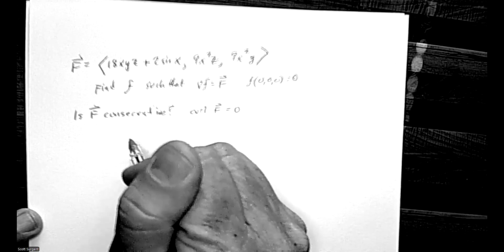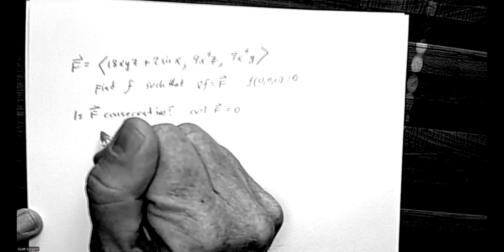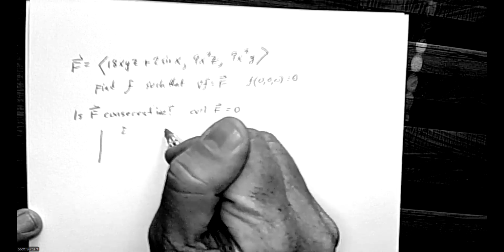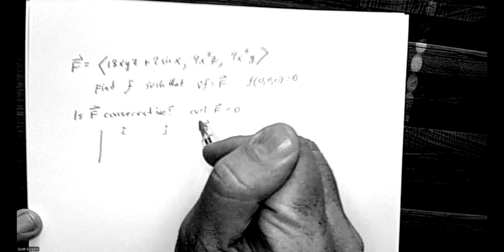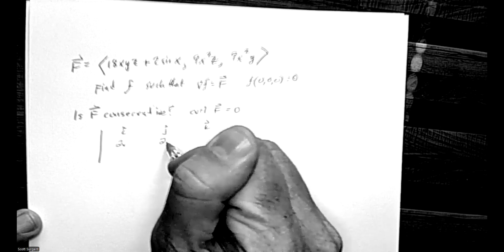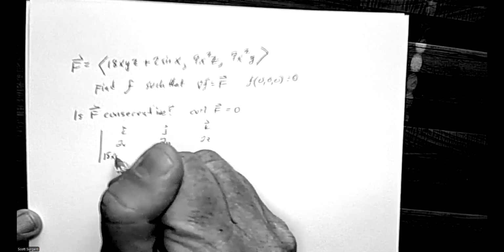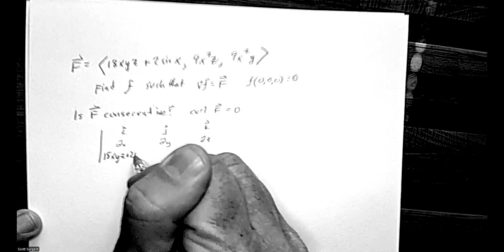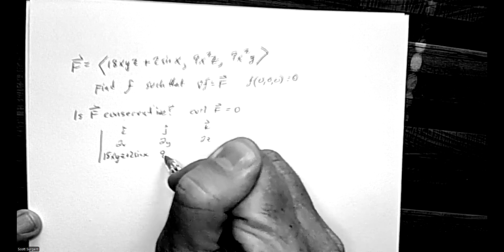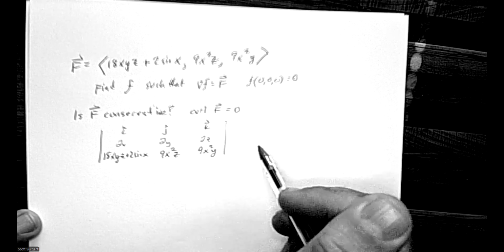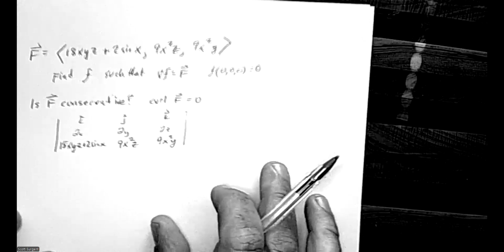So I'm going to go ahead and show that because I think it's probably good to review. You set up your normal cross product and your partial derivatives, and you just pop these guys into place. And then I'm going to run through the calculation.